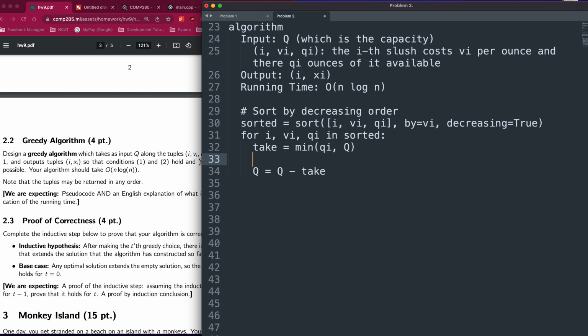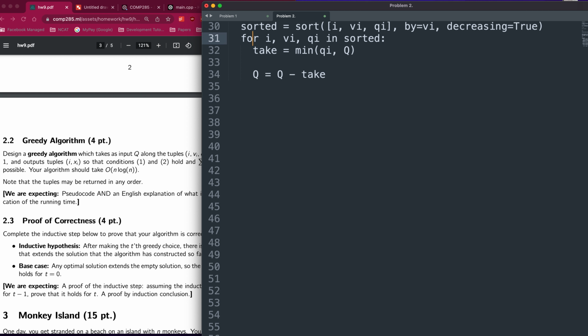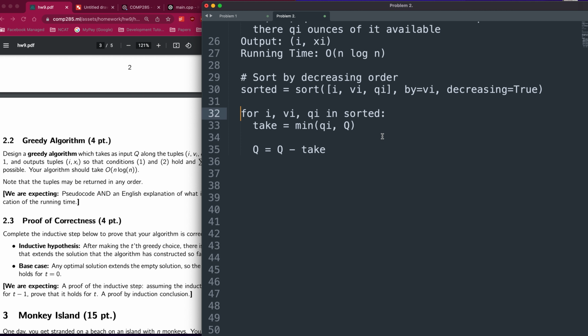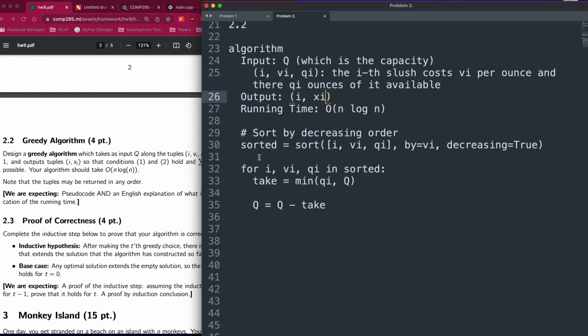Because we're going to take that much, again, our output is these xi, vi. So we're going to say output is this list, and we're going to do output push back, and we're going to put in I and however much we took. Eventually Q minus take, Q is going to become 0 because we're not going to have any space left.